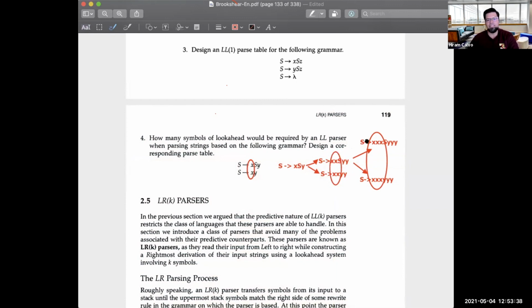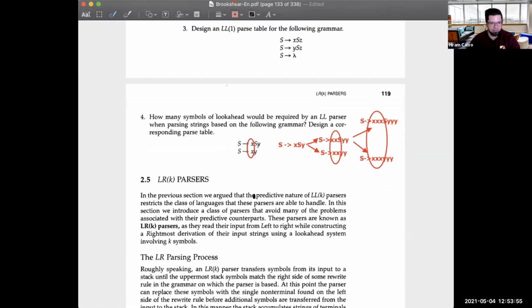Also, if we keep expanding this one, we won't be able to do this for an LL4, an LL5, etc. So precisely this is one of the examples that we saw last time, that we are not able to build an LLK parser. So the answer here is we cannot build an LLK parser.